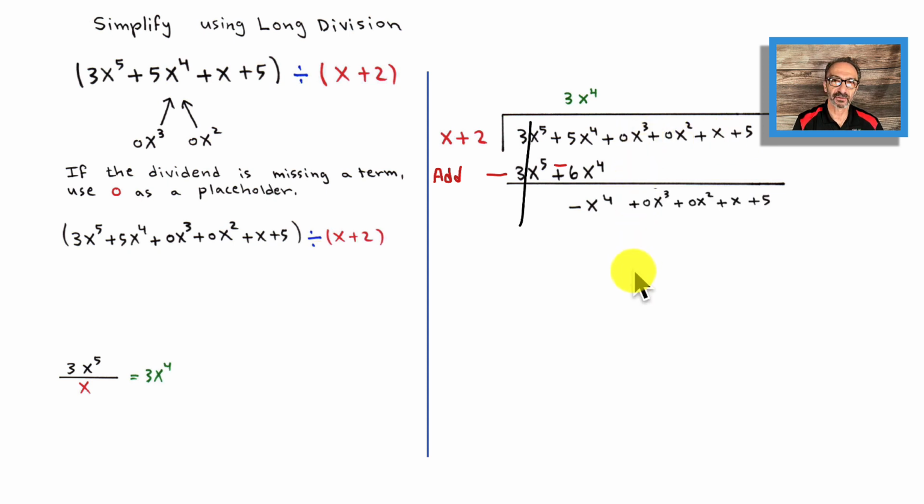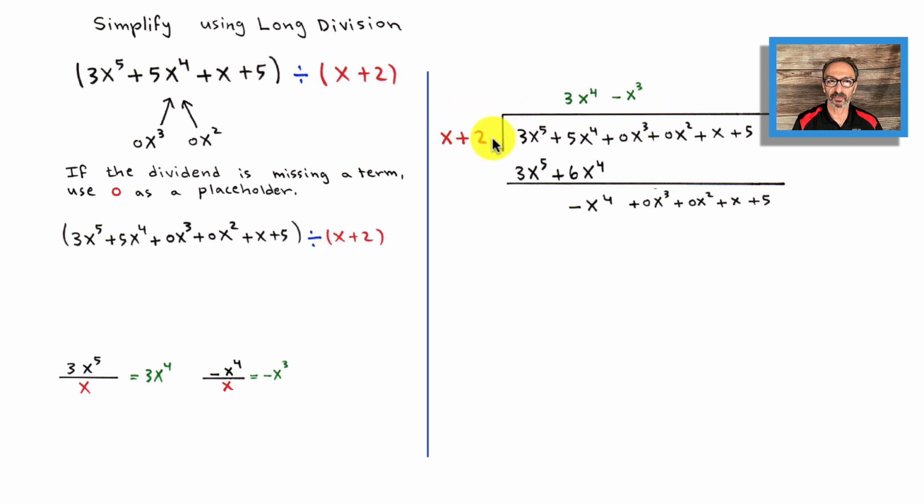We repeat the process. Now we are going to divide x, the leading term, into the leading term, minus x to the 4. Let's do that on the side, right here. We get minus x to the third. That goes on top, at the x to the third term, right there. Multiply by x and multiply by 2.